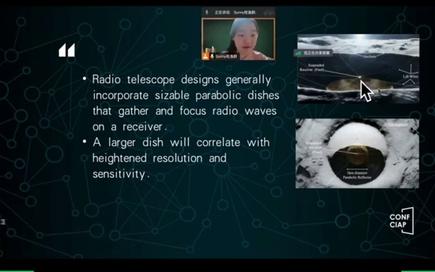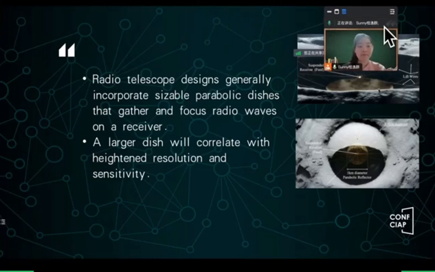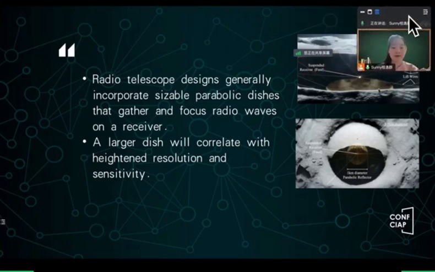This is a receiver, and this is the parabolic dish. That's because a larger dish will correlate with heightened resolution and sensitivity.